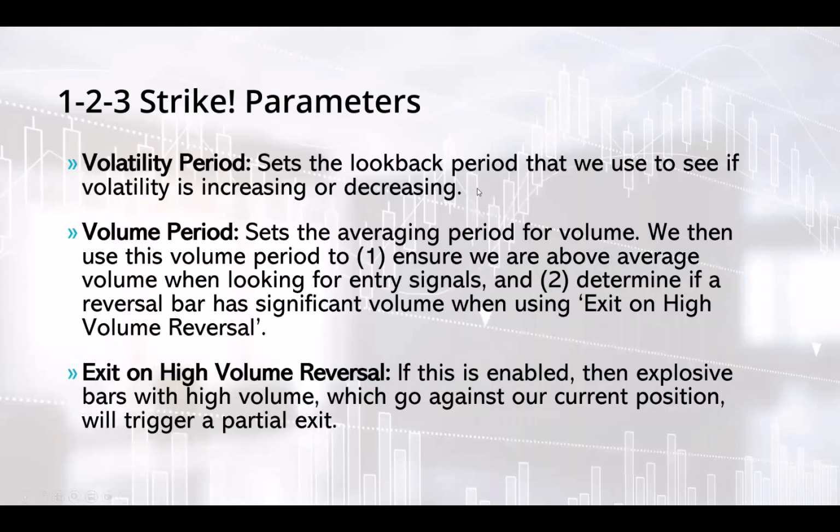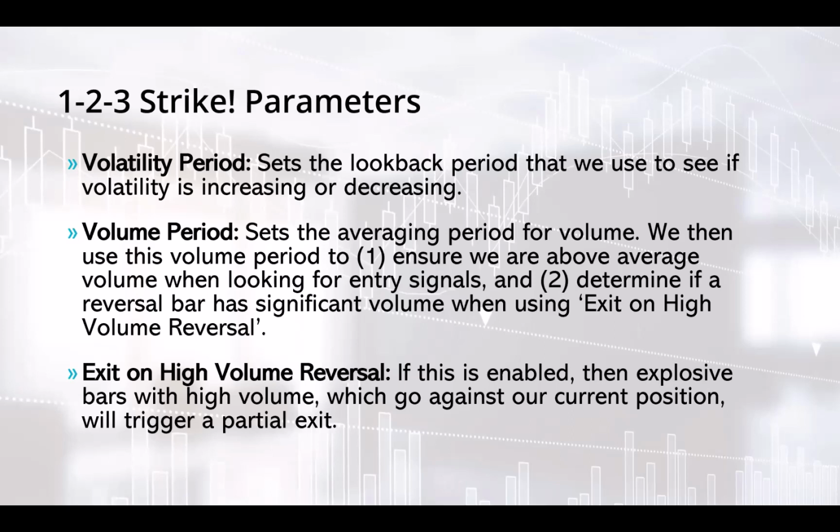Now quickly, the parameters. As you've seen, the indicator comes with a set of parameters. Let me quickly explain to you what these do. And then I'm also going to discuss how we can customize the optimization feature for this indicator. Okay, so the first parameter is called volatility period. So again, the indicator looks for an increase of volatility. So how does it figure out whether we have an increase?